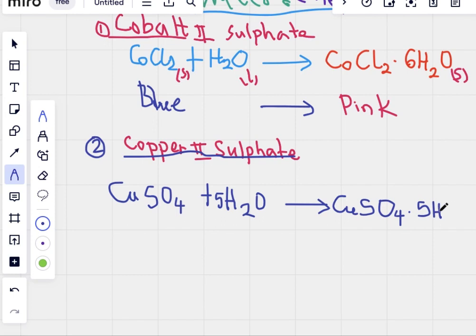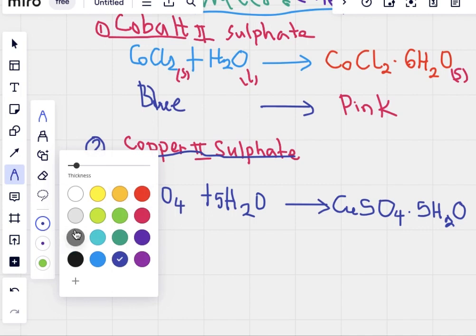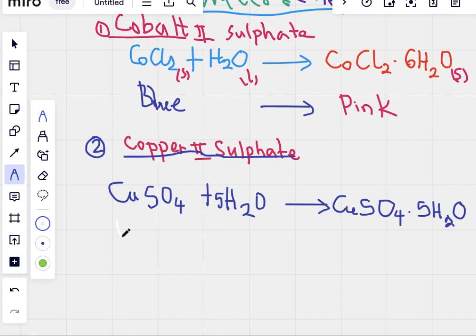Hydrated means now with water, with the presence of water. When you say dehydrated, it means there's not enough water in my body. So when you say I'm very hydrated, you have water. This has a lot of water now because it's dipped in water, and the color change will be from white to blue.